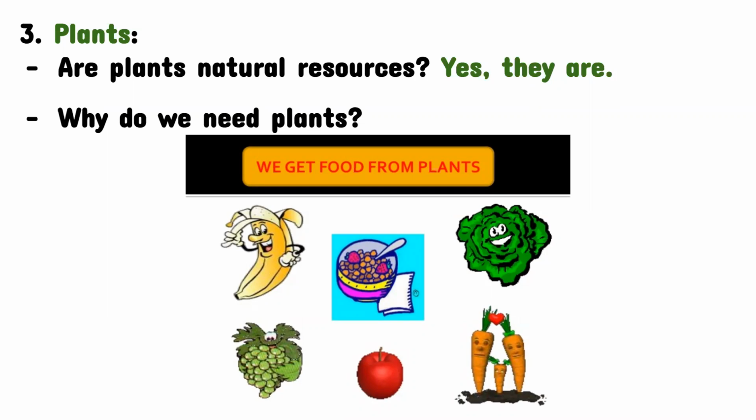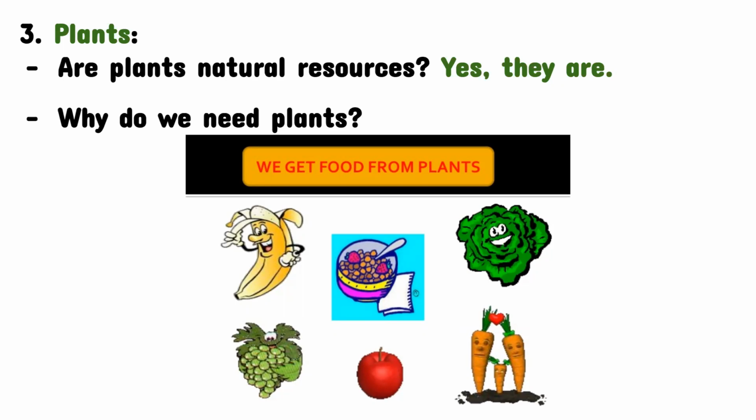To eat them, because we get food from plants, right? We eat bananas, apples, grapes, strawberries, carrots, lettuce. What else? We eat a lot of plants, right? So plants are important because we need them to get food from them.